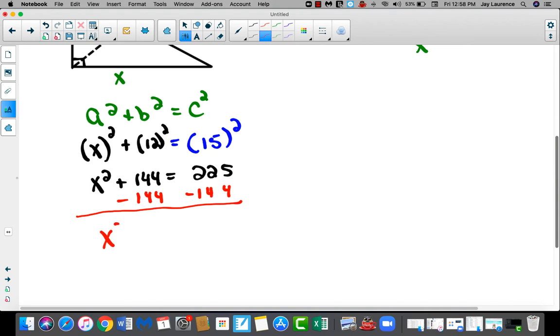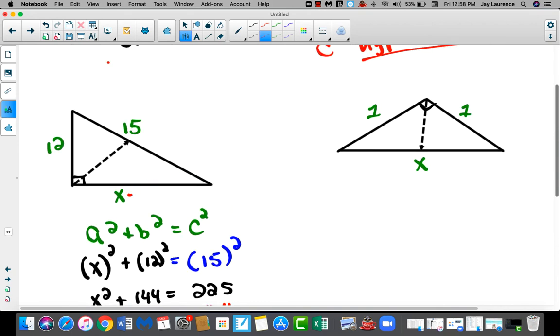I'll have x squared equals 81. Yes, I believe that is correct, 81. All right, then I take the square root of each side, and x is going to equal 9. So that is how long the third side is.